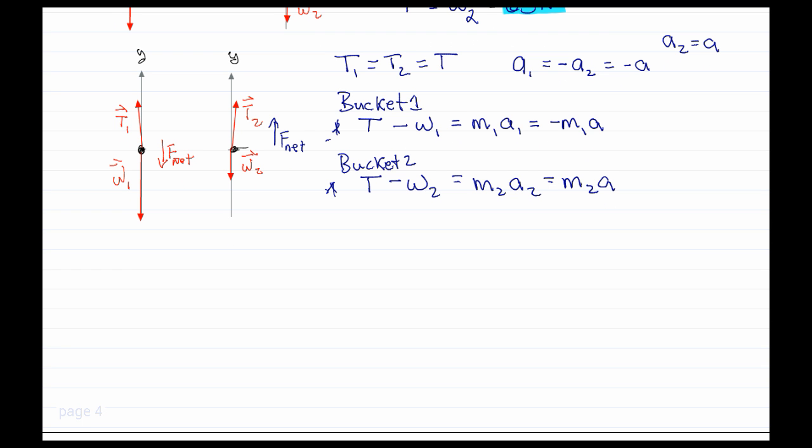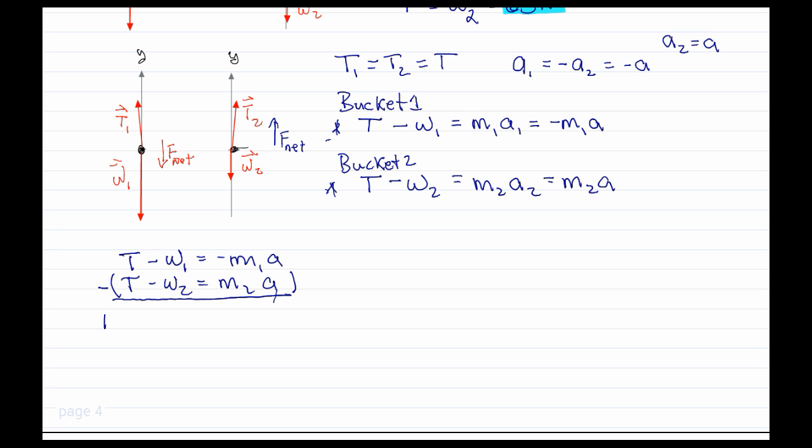Let's write out this system again. So T minus W1 is equal to minus m1a. And we have T minus W2 is equal to m2a. And there are many ways to solve this. What I'm going to do is subtract this second equation from the first.